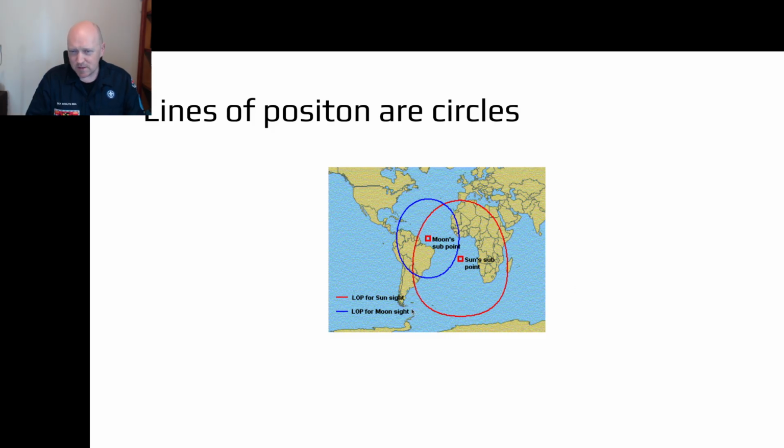So again, we mentioned that the lines of position are circles. And you can see part of that depends on altitude, how high you are above the Earth's surface and a lot of other things. But this is an example of a computer system that outputs this plot based on sun and moon observations. And you can see that they are making a circle. So if you only have 2 observations of celestial bodies, and it's kind of weird again that this is sun and moon, usually it'd be a couple of stars, you can see 2 observations are not deterministic in the sense that you could be up here or you could be here if you'd correctly done these.